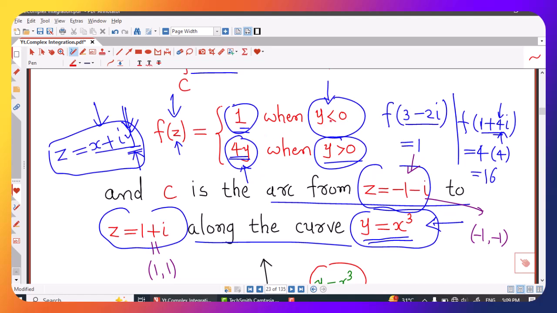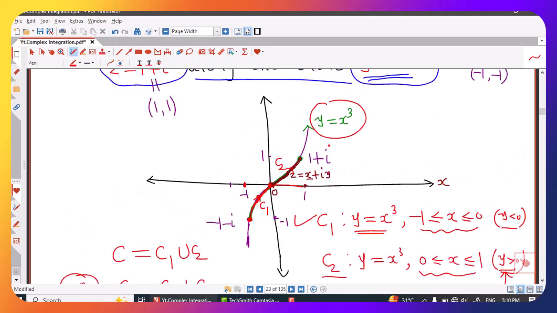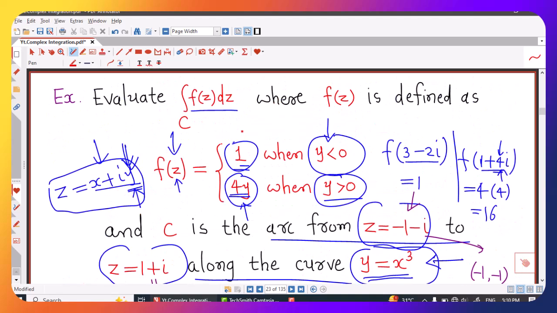So whenever y is less than 0, we are along C1, and therefore we will consider limits of x from -1 to 0. Similarly, when y is greater than 0, we are along C2, and we will consider x between 0 and 1. And when y is less than 0, we will take f of z equal to 1, and when y is greater than 0, we will take f of z equal to 4y.